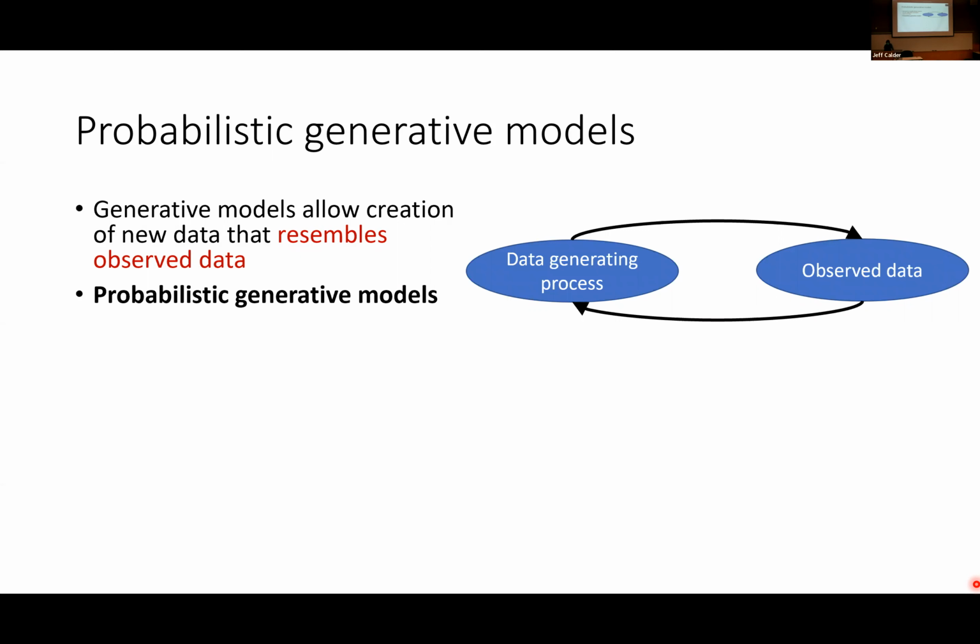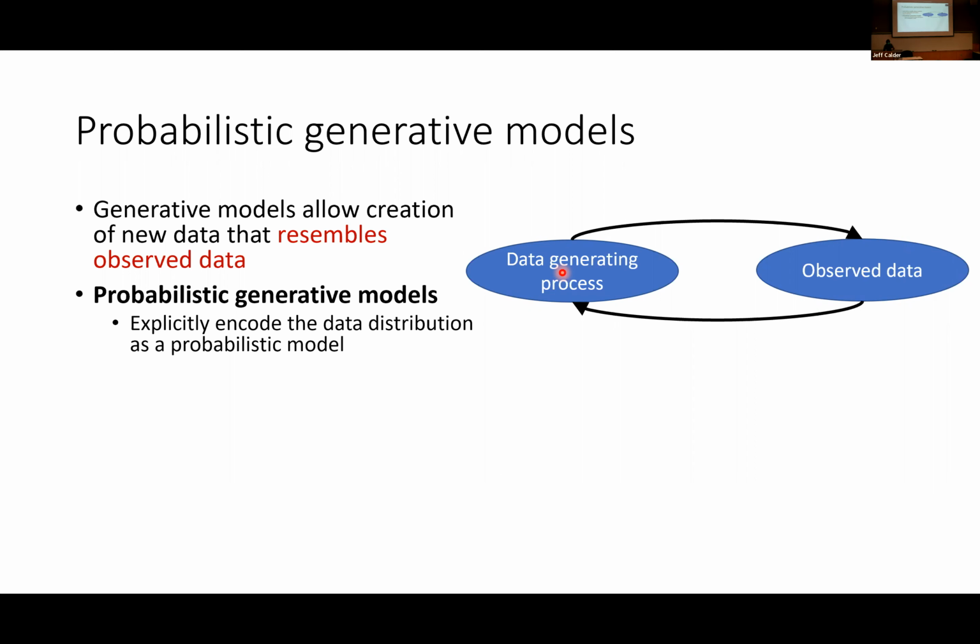In a probabilistic generative model, you have some data generating process that creates your observed data. So this is a probabilistic model. And then in practice, you have your observed data here, and you want to estimate some parameters from your data generating process, your probabilistic model, with the idea that knowing the values of these parameters can help you explain the structure in your network.